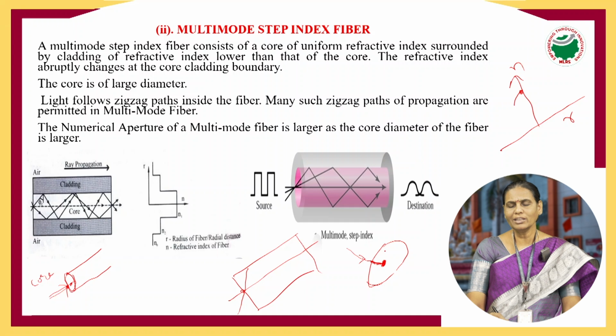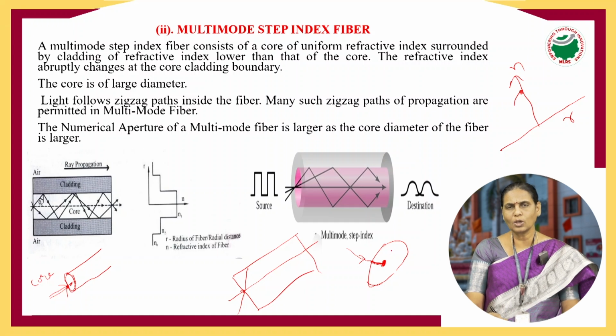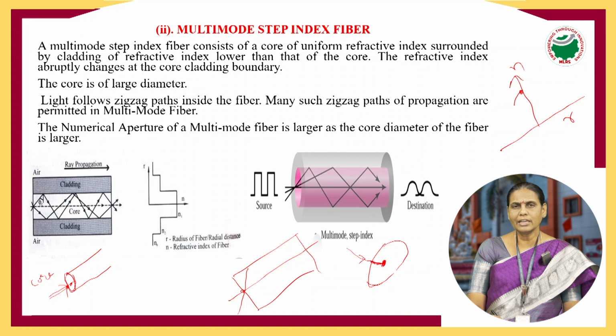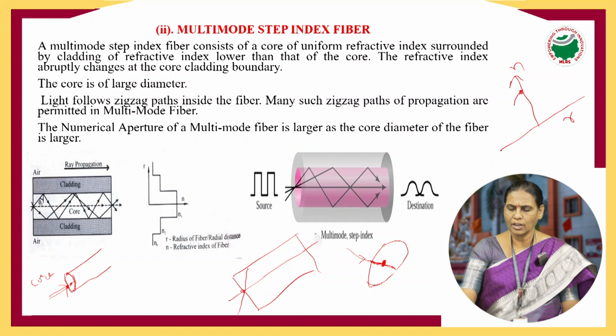That means once the light ray travels inside the core and reaches the center point, it maintains the maximum refractive index. Then again, if the light ray travels on, as the distance increases, automatically the refractive index gets decreased. Now see, this is how the refractive index gets decreased.